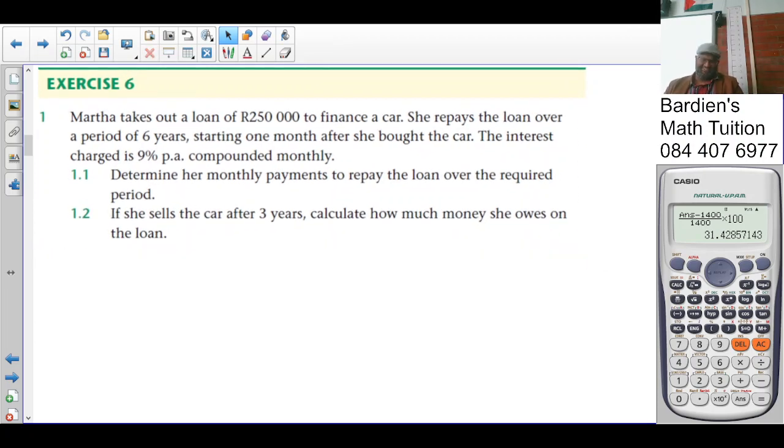No? Right. People, we are told that Martha takes out a loan of 250,000 rand to finance a car. She repays the loan over a period of 6 years, starting 1 month after she bought the car. Is there any variation in here? No. Okay? Put your exercise 6. Which page is this on?